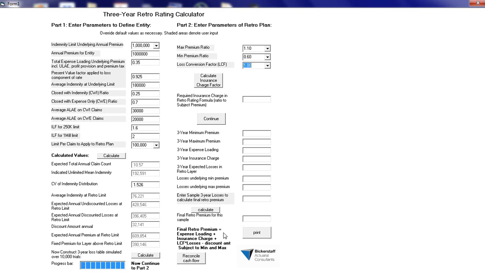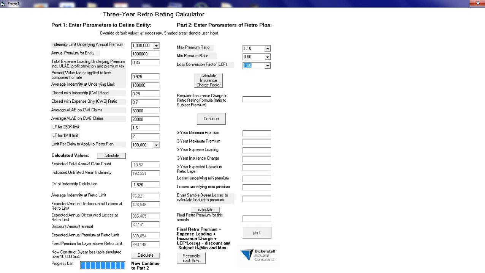Final premium is equal to the expense loading in dollars for the 3 years. That's a given. There's no variability. It's whatever that number is, plus a number called the insurance charge. I'm going to define that in just a minute.